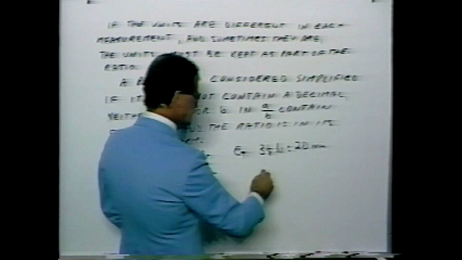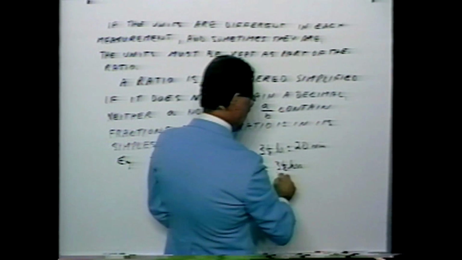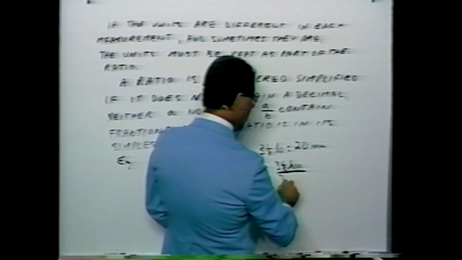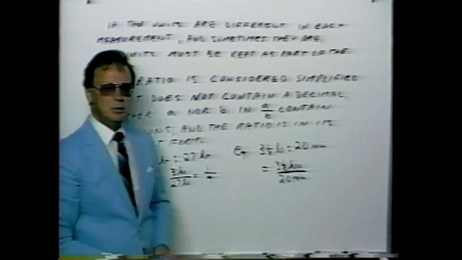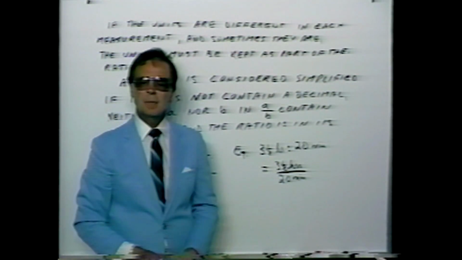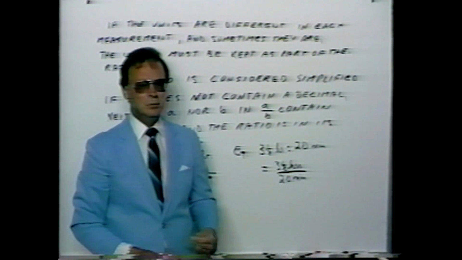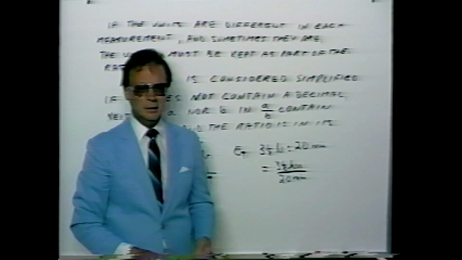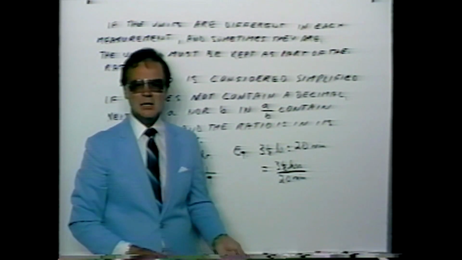As a fraction, this is equal to 3 1/2 hours over 20 minutes. But we can express this as an absolute ratio if the hours is changed to minutes in the one case, or on the other hand, change the 20 minutes to hours.